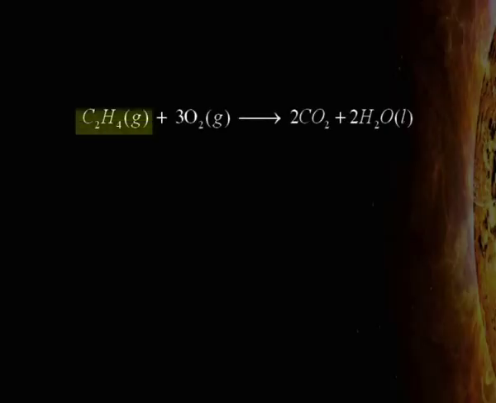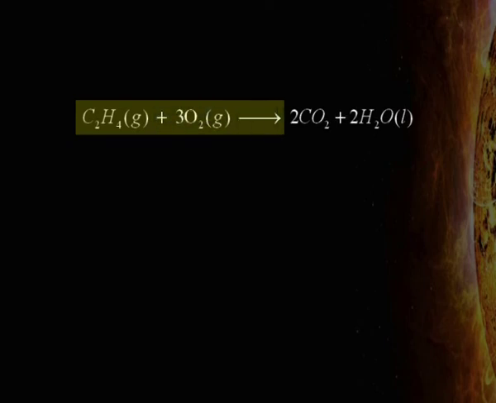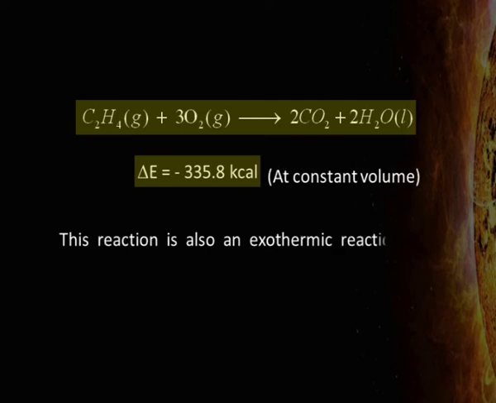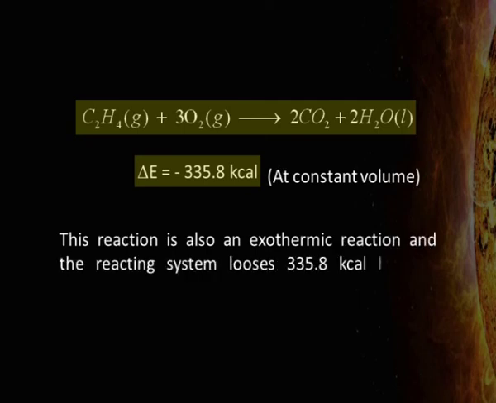As the value of heat is given at constant volume, that is delta E is given, this equation shows that 1 mole of C2H4 reacts completely with 3 moles of oxygen to give 2 moles of carbon dioxide and 2 moles of H2O, and minus 335.8 kilocalories is evolved at constant volume. This reaction is also an exothermic reaction and the reacting system loses 335.8 kilocalories of heat at constant volume.